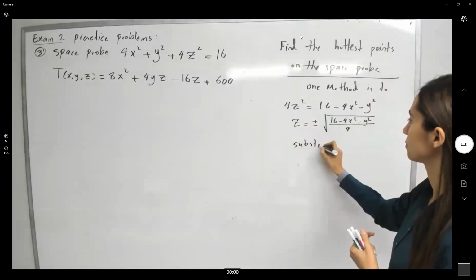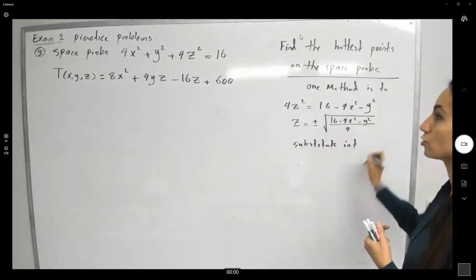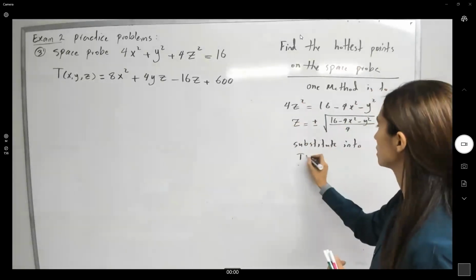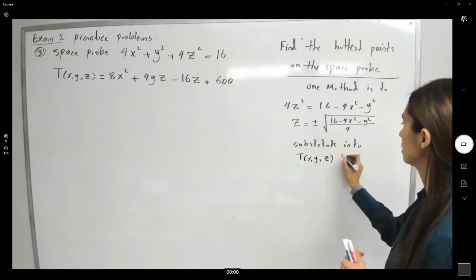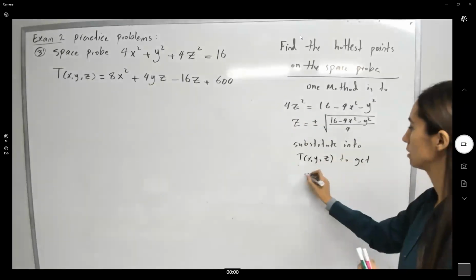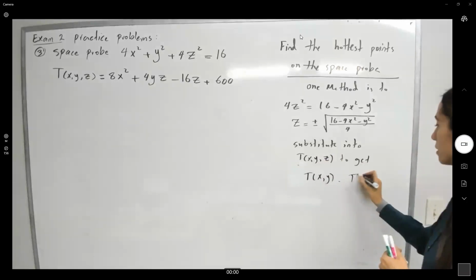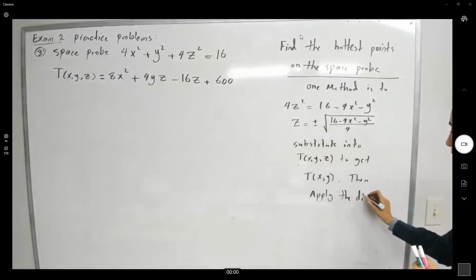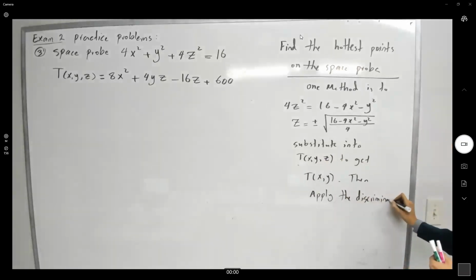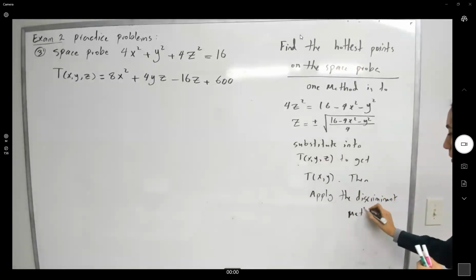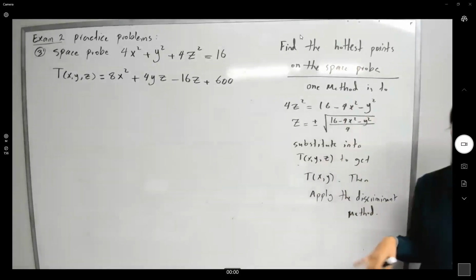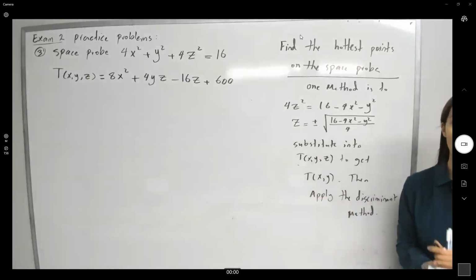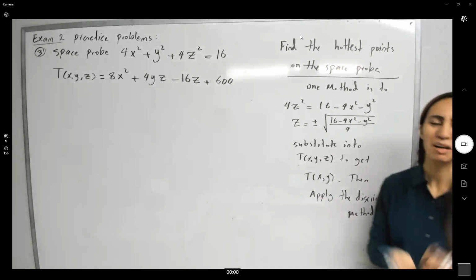Substitute into function T of x, y, and z to get T of x and y, then apply the discriminant method. This is one method if you're interested in seeing how it works. Of course, why not? We learned different techniques in calculus. Let us use some different techniques.